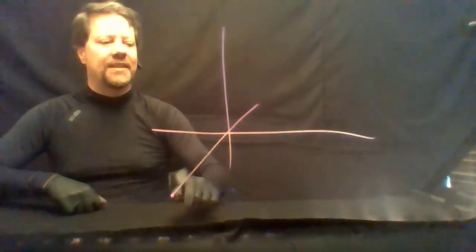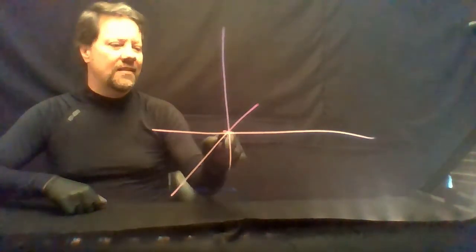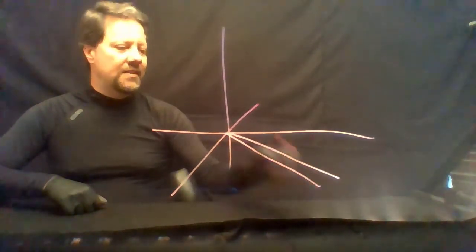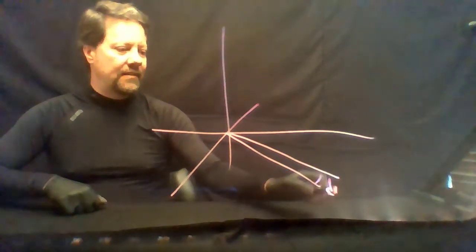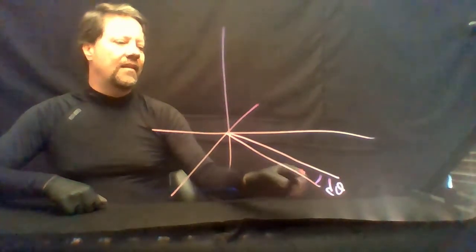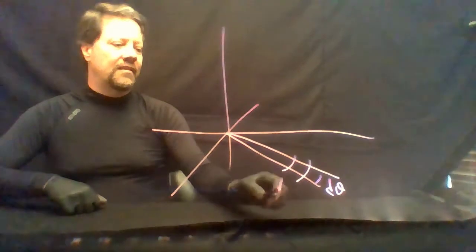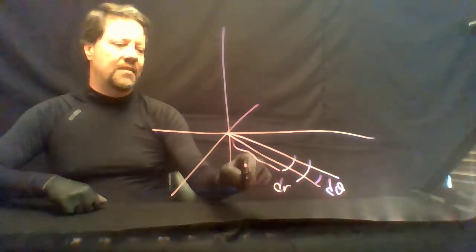The theorem of Pappus gives us a very simple way of calculating volume elements in cylindrical coordinates. You have a little slice of width d theta here, and a little slice dr at some r.